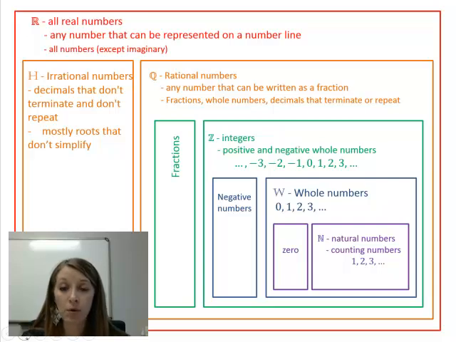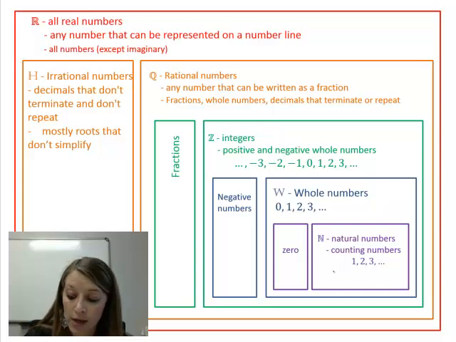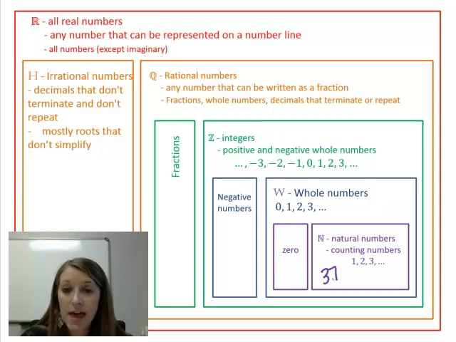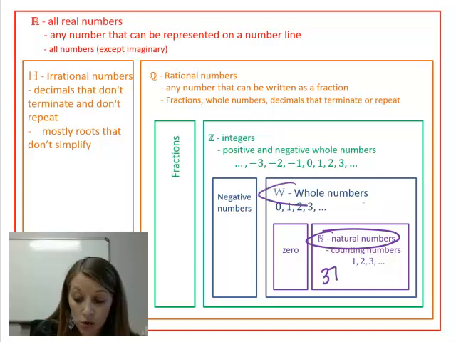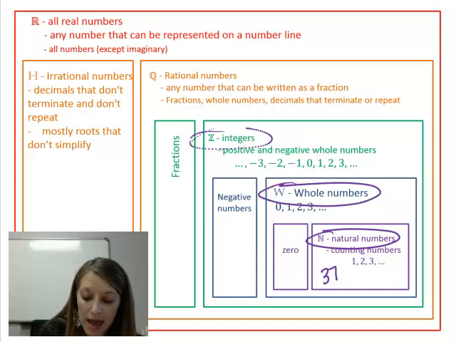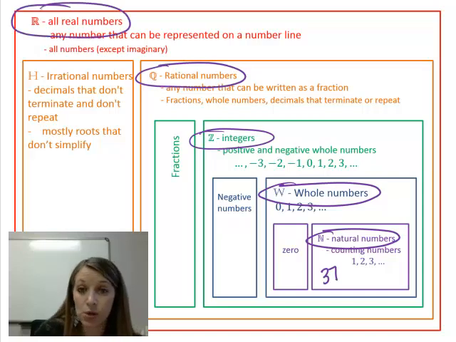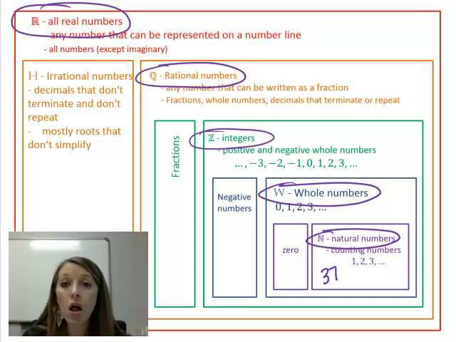So, for example, if the number that you thought of was 37, that number is classified as a natural number. It's also classified as a whole number, as an integer, as a rational number, and as a real number. So each number can have more than one classification or more than one label.